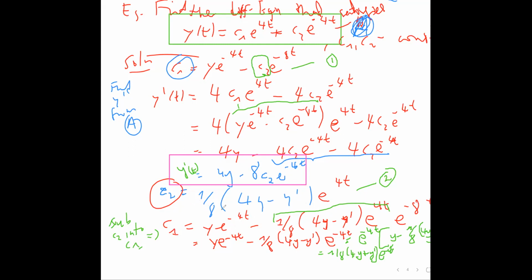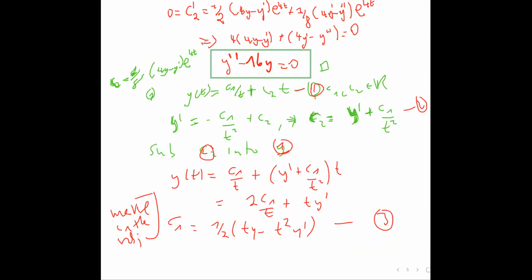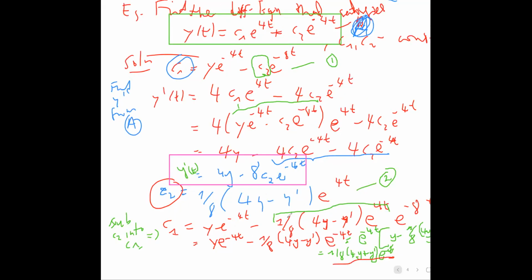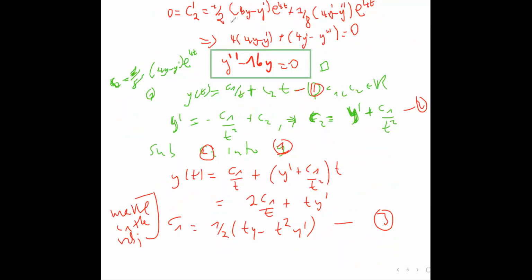So we substitute C2 into our equation for C1. If we do that, we get this here. Then we find the derivative, because C2 is a constant. We find the derivative, which gives us finally this equation, which is actually the equation for the solutions that we already have.